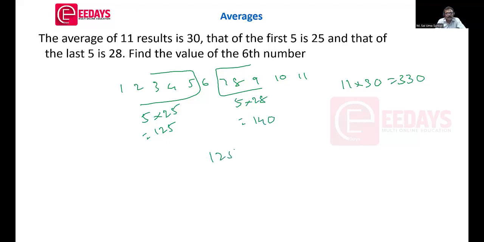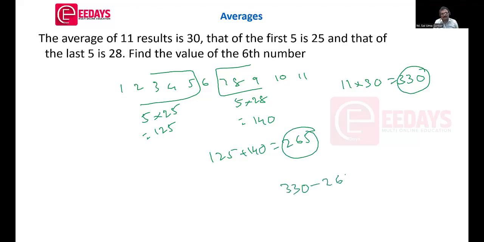What is the sum? 125 plus 140 is 265. The actual total is 330, and the total of these 10 numbers is 265. 330 minus 265 is 65.